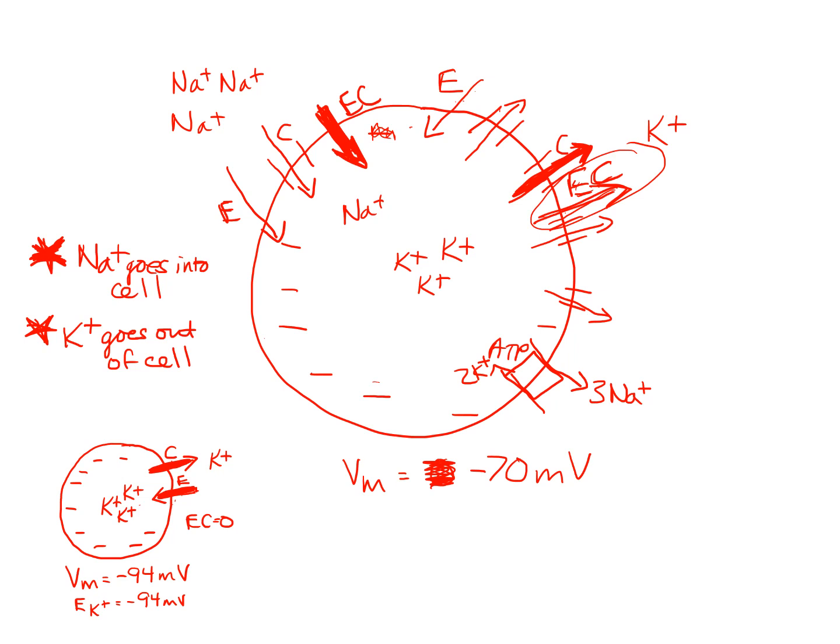We've got 1 more positive charge being pumped out than being pumped in. So that contributes a little bit to the negative 70 as well. Most of it's coming from being 25 times more permeable to the potassium with the 25 times more potassium leak channels, but a little bit comes from the sodium potassium pump as well. All right, so that's really important to understand how we got to this minus 70 millivolts.